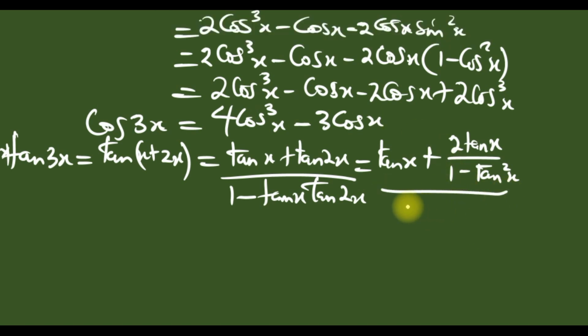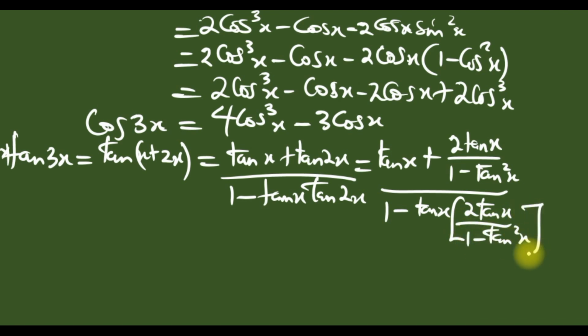So over 1 minus tan x, 2 tan x over 1 minus tan squared x. So we'll continue. Our common LCM is 1 minus tan squared x.